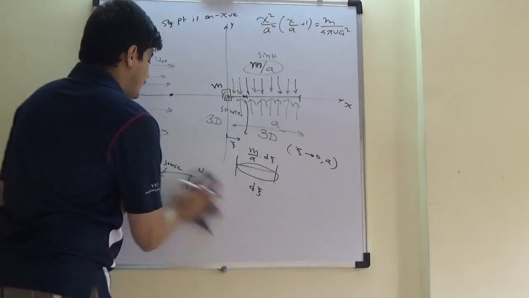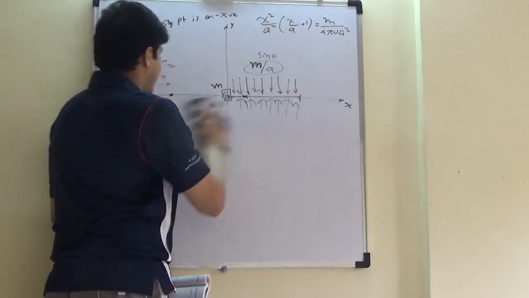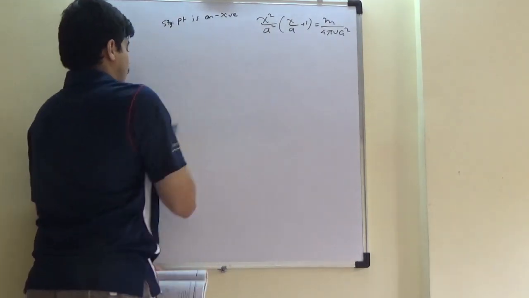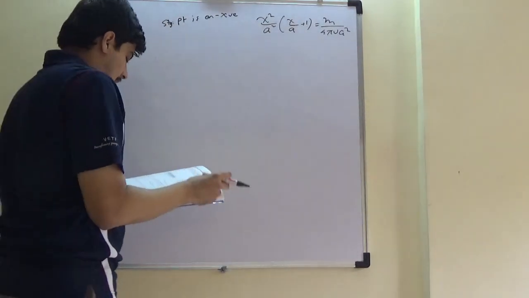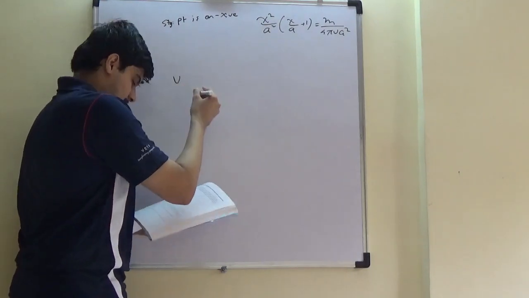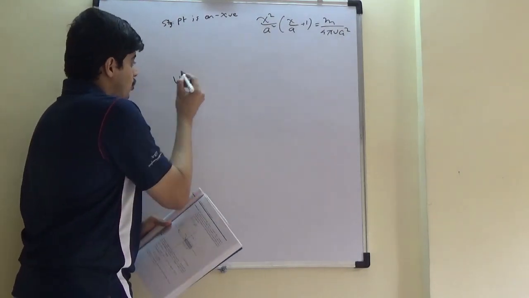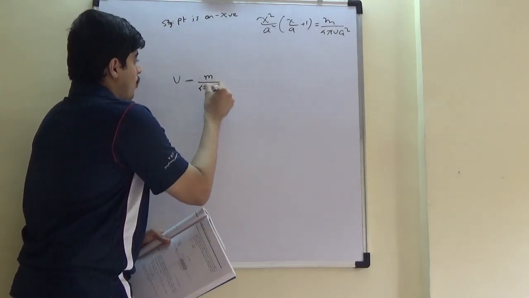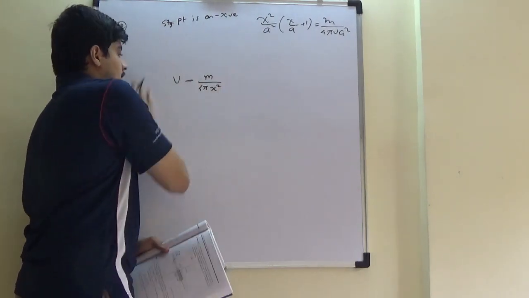So now, armed with this physics understanding, let's write this down mathematically. We know very simply now that at a stagnation point, velocity u, right, minus m upon 4 pi x square, right?